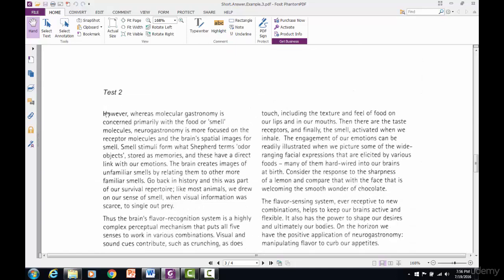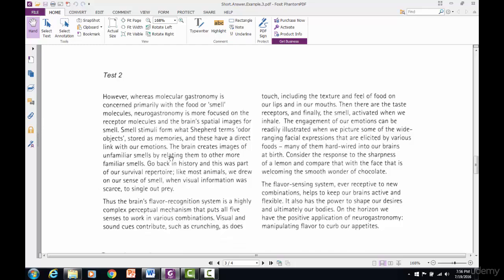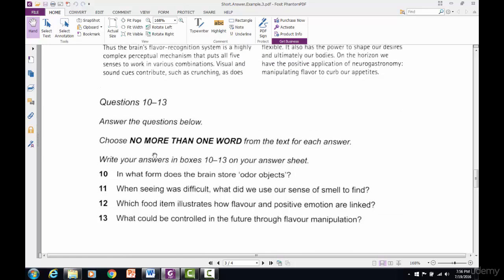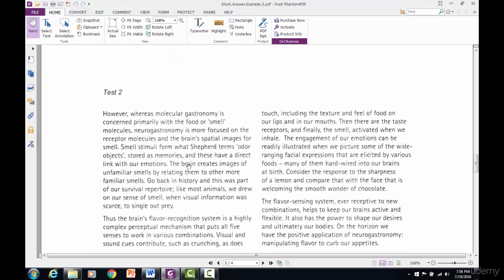Oh, there it is. Odor objects. All right, so smell stimuli form what Shepard terms odor objects, stored as memories. That's our answer right there, memories. Because it says, in what form does the brain store odor objects? They're stored in the form of memories. So the answer to number 10 is memories.